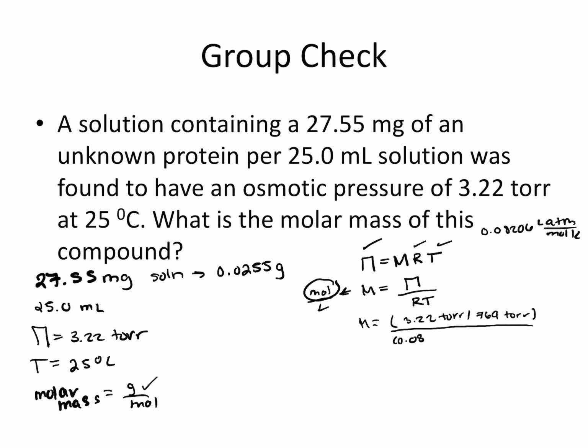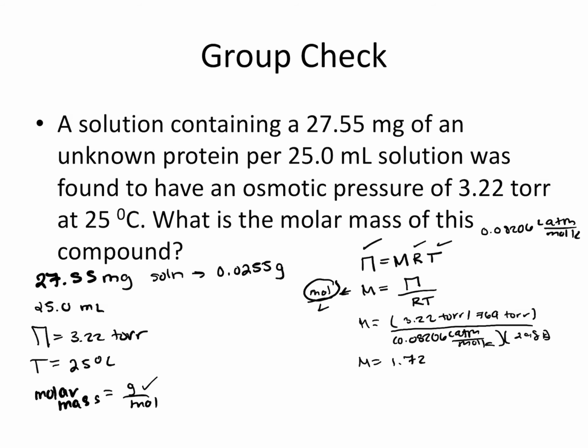You have to convert your units. So 3.22 torr divided by 760 torr gives you an atmosphere, divided by 0.08206 liters atmospheres per mole Kelvin times your temperature. Now your temperature also has to be in Kelvin. Awesome. From there you can solve for your molarity.